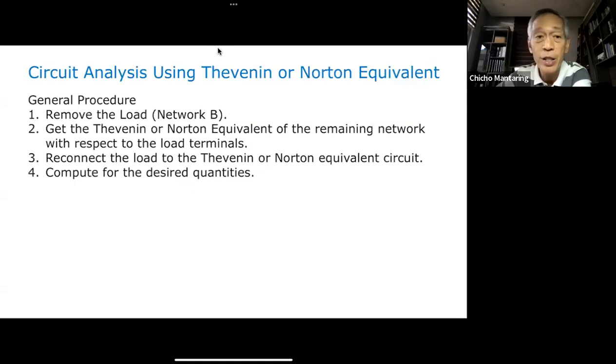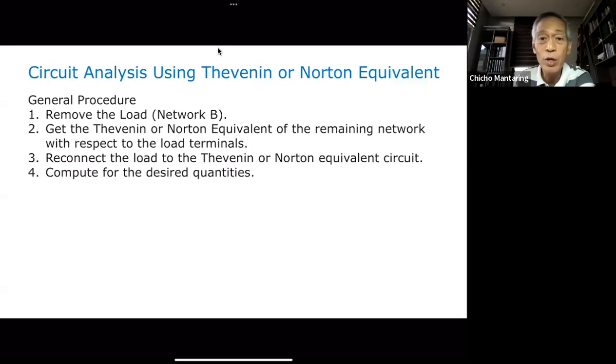So here's a general procedure for circuit analysis using Thevenin or Norton equivalent. The first step would be for us to remove the load. Tanggalin natin yung node, yung load. So the load in our case is network B. And then we get the Thevenin or Norton equivalent of the remaining network with respect to the load terminals. In this particular case, it's going to be network A, or in our previous cases, that's going to be network A. So network B yung load natin, tanggalin natin yon.